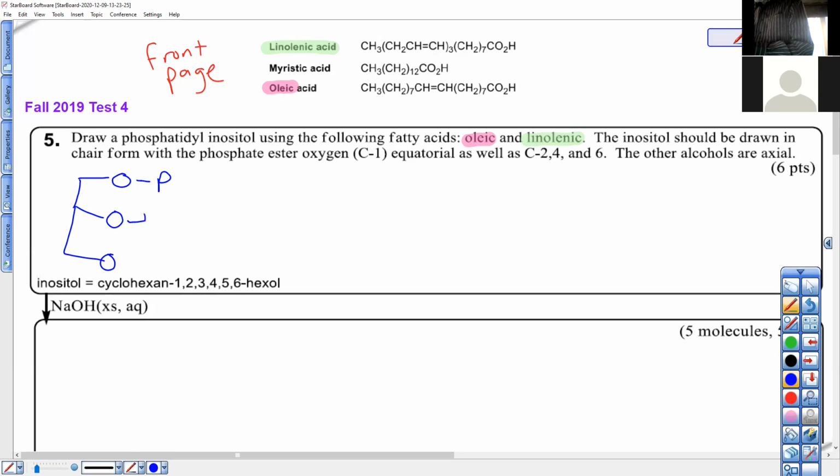So remember, you draw a carbonyl for your fatty acid, and then find your fatty acid. We'll do linolenic here in the middle. There's the carbonyl, 7 CH2s, 1, 2, 3, 4, 5, 6, 7, then a CCC that comes down to a CH2, then a CH2.